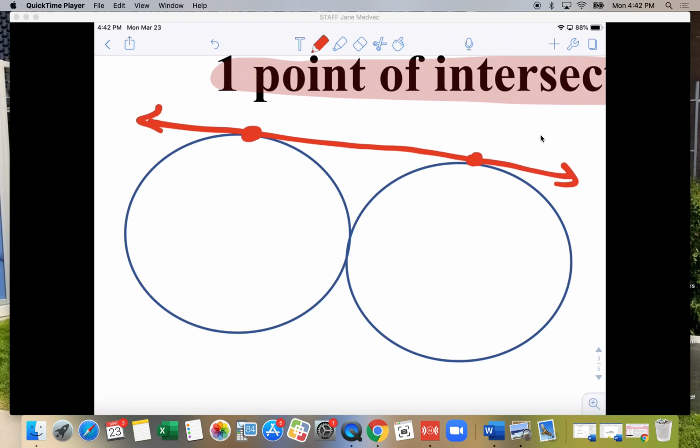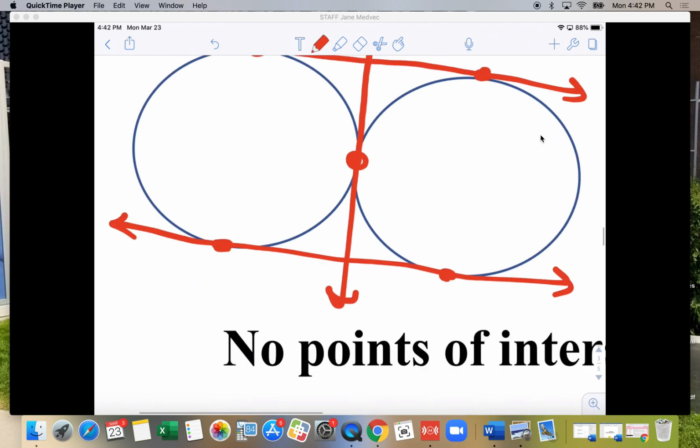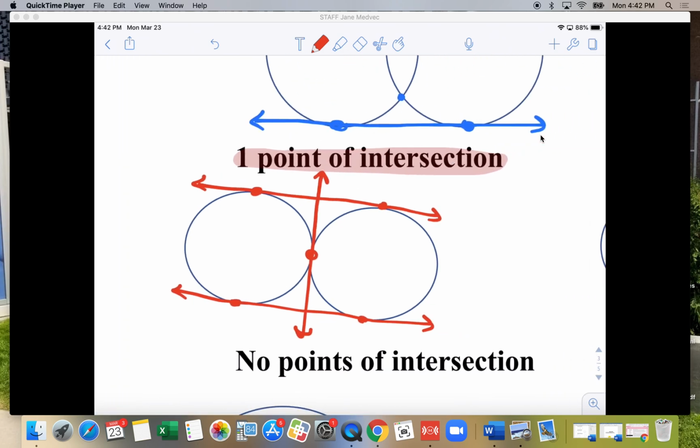They intersect the circles here. And like this. And I can also draw a tangent line that goes between the two like this. So in this example, there are three common tangent lines.